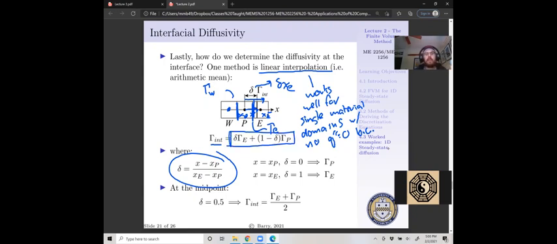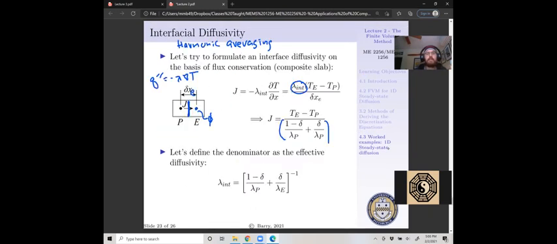Where we had delta gamma E plus 1 minus delta gamma P. Now, we're going to do something similar, but we're going to define an effective diffusivity. And what we're going to do is define lambda as 1 minus delta per lambda P plus delta per lambda E, to the inverse, i.e. this would populate the denominator of our flux expression.